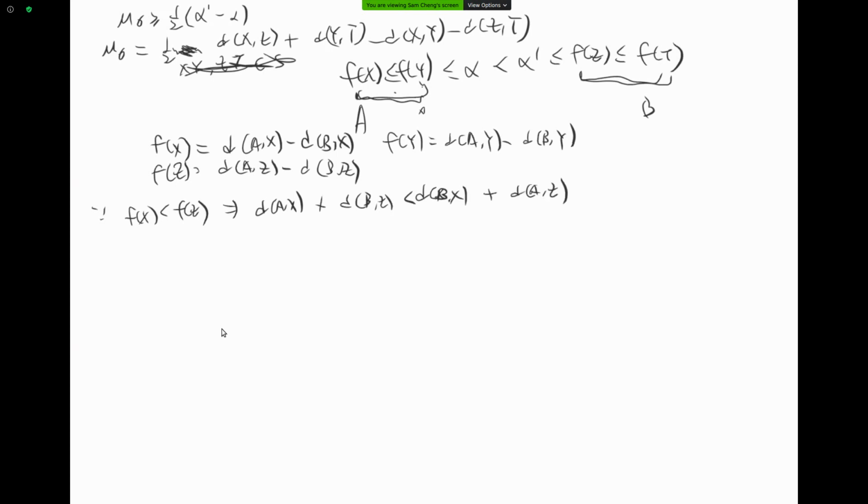So basically, I just use these two equations and move the negative terms to the other side.